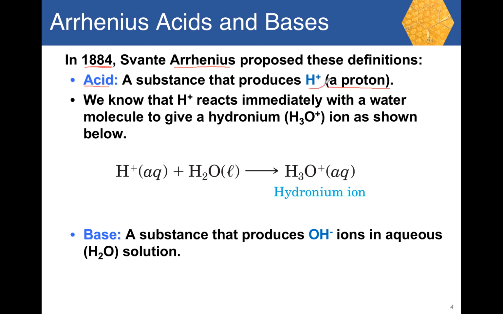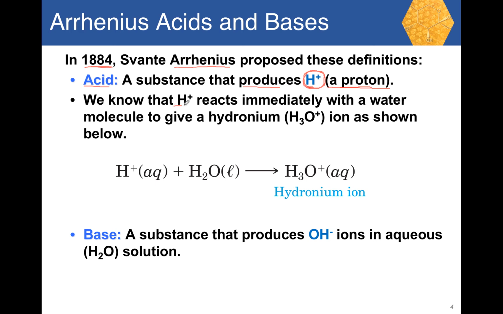We are defining a proton here as H+. Pay special attention to that representation, H+. It is a hydrogen without electrons. We call it a proton. So Arrhenius defined an acid as a substance that produces H+.